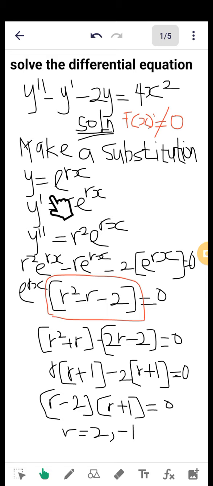So we made this substitution that y equals e exponent rx. So we differentiate y with respect to x.